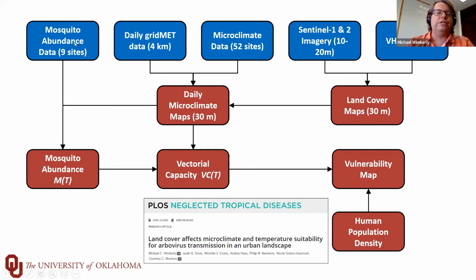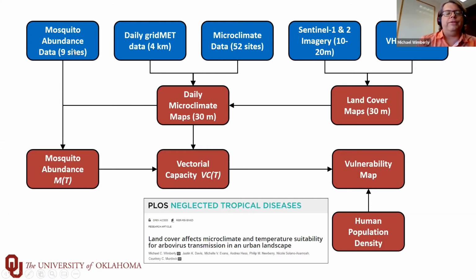So she collected mosquito data and microclimate data, and I did some land cover mapping with some Sentinel imagery and very high spatial resolution imagery. So what we did is we put together this coarse scale gridded data with the microclimate data and our land cover data to essentially downscale the climate data to take into account the land cover effects on microclimate and come up with a 30-meter microclimate data set.